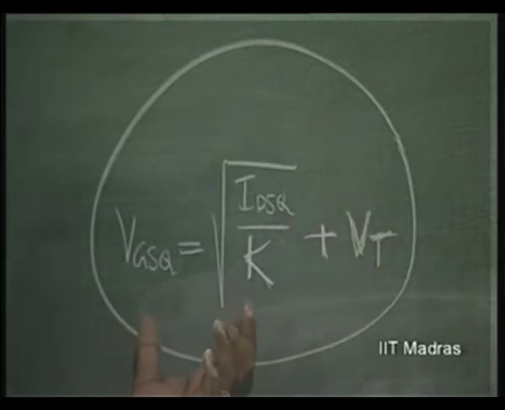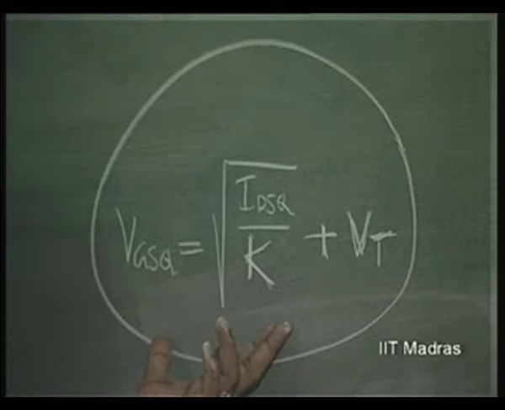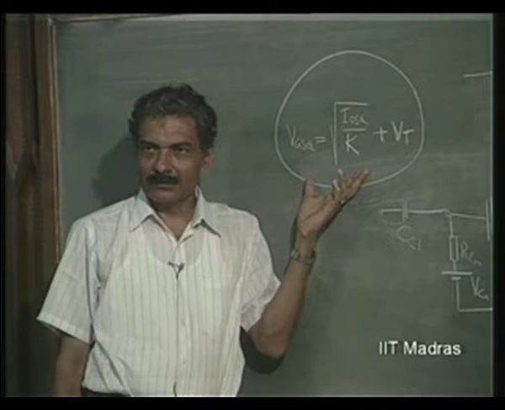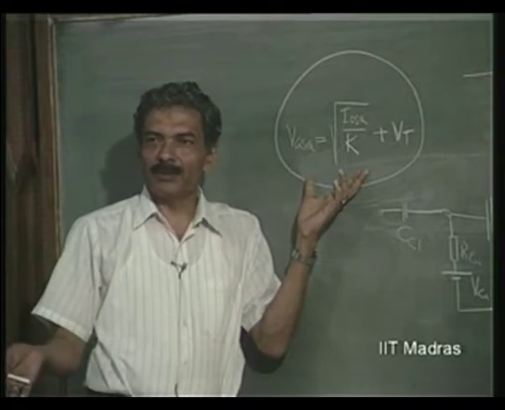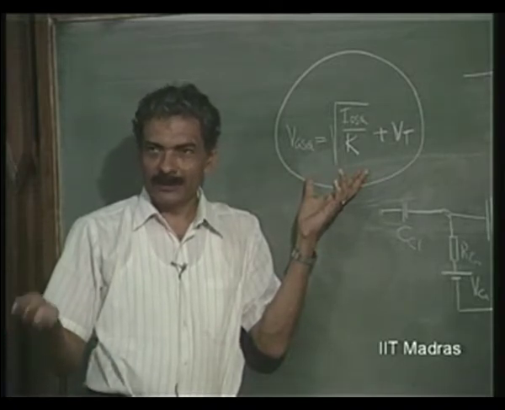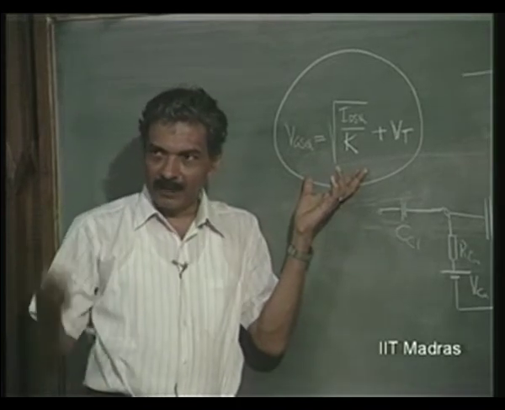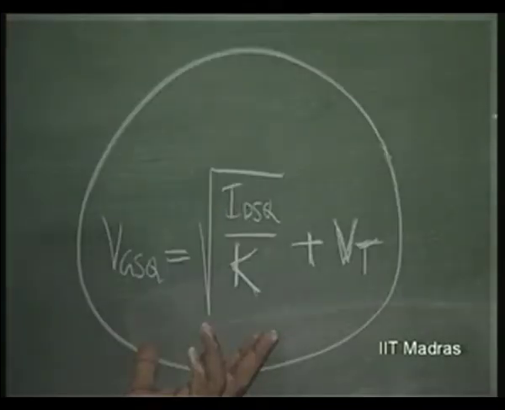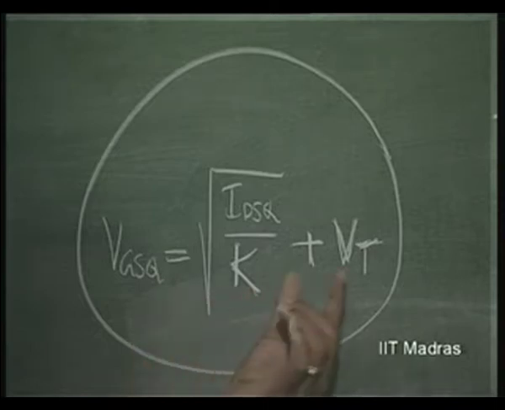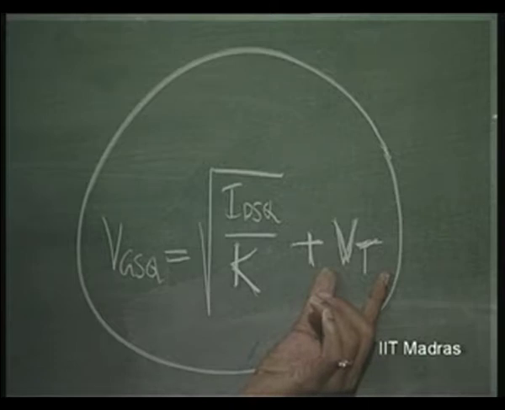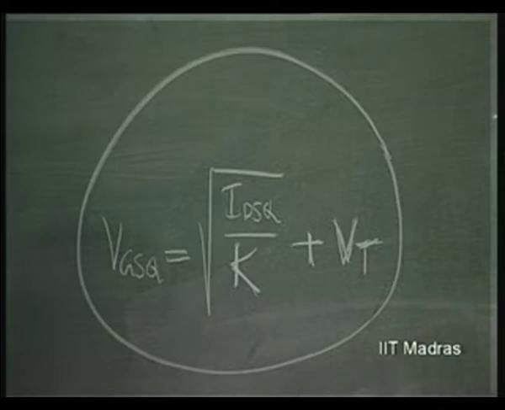Now let me tell you, if you are designing a good FET, K is made very large. K is directly proportional to GM. So if you want high value of GM, K should be high. That is number one. VT has to be made as small as possible, so that most of the FETs operate in the current saturation region, even at very low values of VDS.